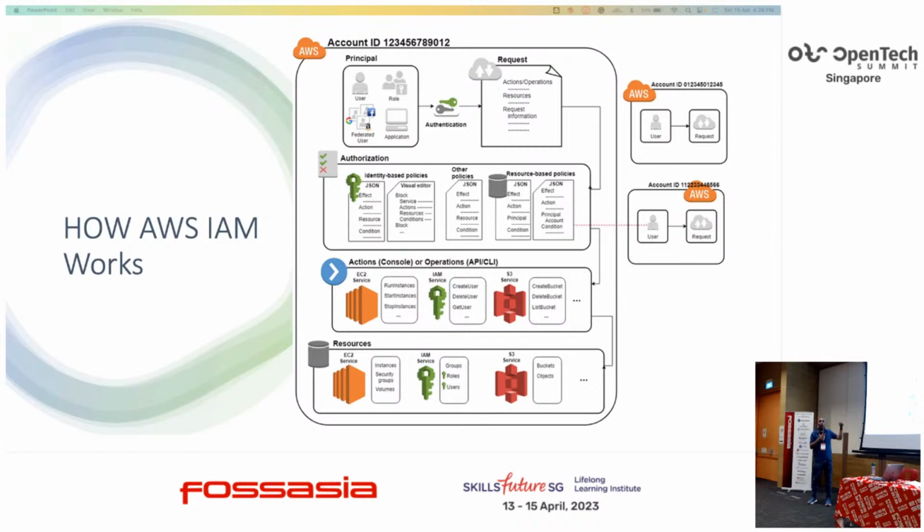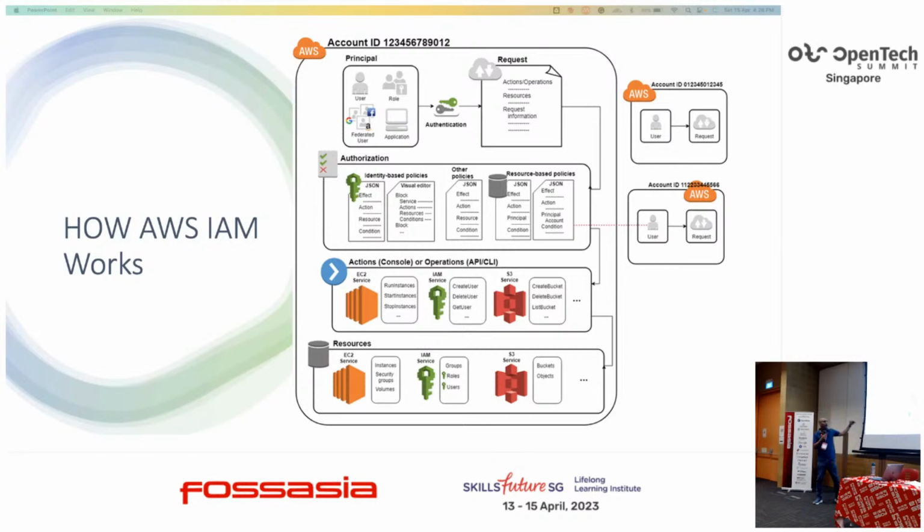Next part is what action you are going to perform. Are you going to create an EC2 instance? Are you going to create a custom RDS? Do you have the privileges? When you request that you want to create an EC2 instance, it will check whether you have the policies to perform that action or not.